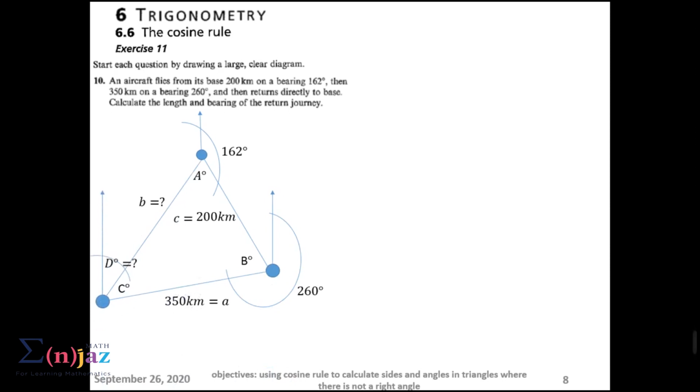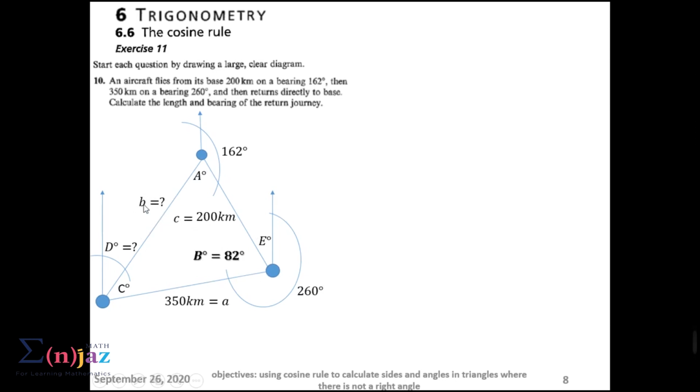So angle B is equal to 82 degrees. Since we have side A, the 350 kilometers, and side C, the 200 kilometers, and the angle in between known, which is angle B, and it's 82, then we can find b small or side B. And we're going to use the cosine rule.